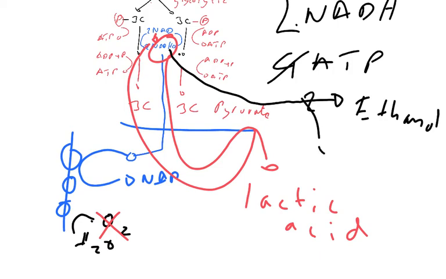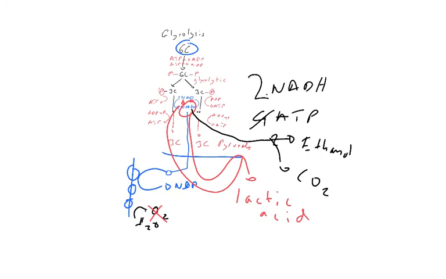This also produces carbon dioxide. So when you think of anaerobic respiration, don't think of it as being an entirely separate process from respiration. Anaerobic respiration is just glycolysis with a different way of getting rid of the reduced NAD and converting it back into NAD.